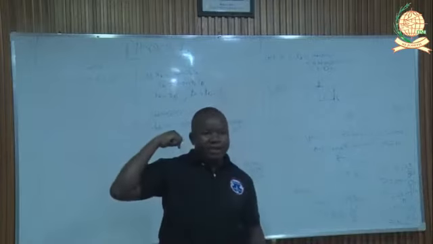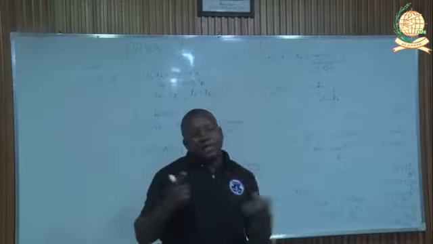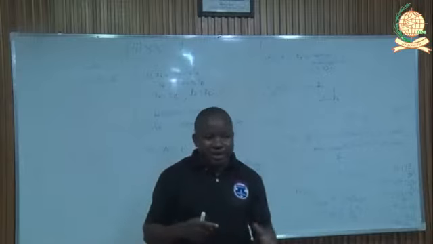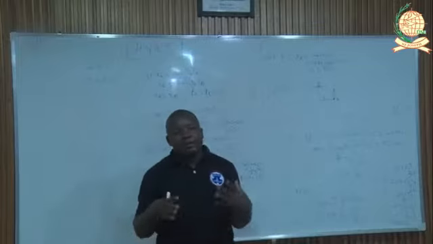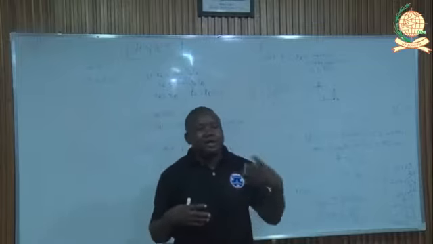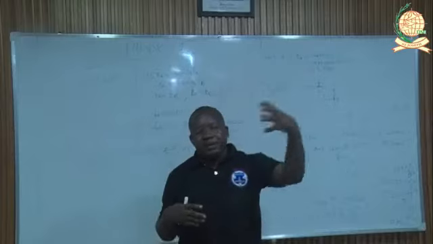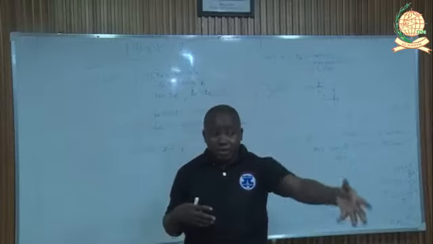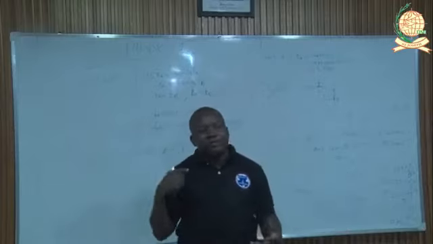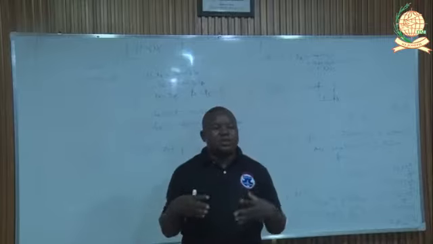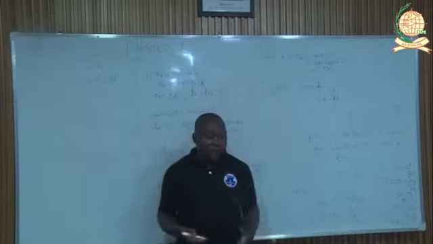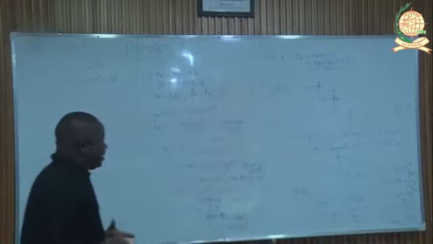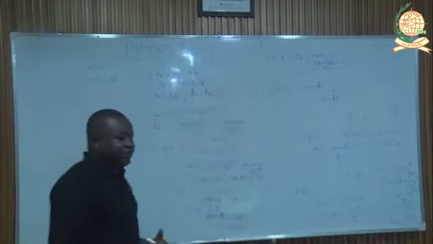So the net acceleration will be decreasing. And at the center, what will happen? Because you are at the center, the forces pulling you from below and above will be equal. So it means the net acceleration at the center of the Earth will be 0. That is the reason why it is progressively decreasing as you move toward the center of the Earth.